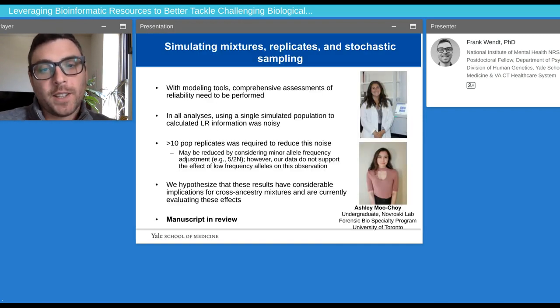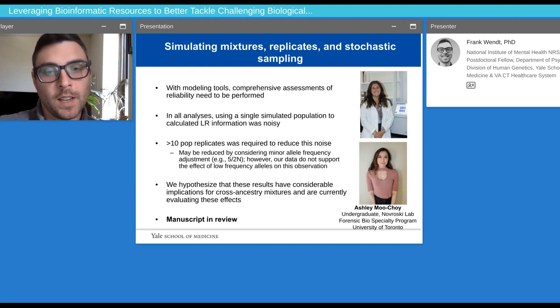In all of our analyses, using a single simulated population to calculate likelihood ratios was extremely noisy. I think we can confidently say that one replicate in this type of analysis using simulated data is not sufficient to garner any confident estimate of what's going on with that mixture.